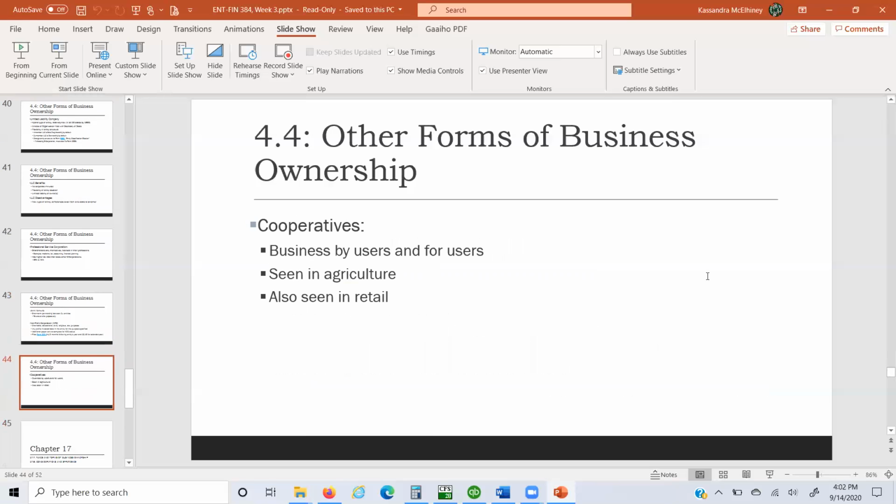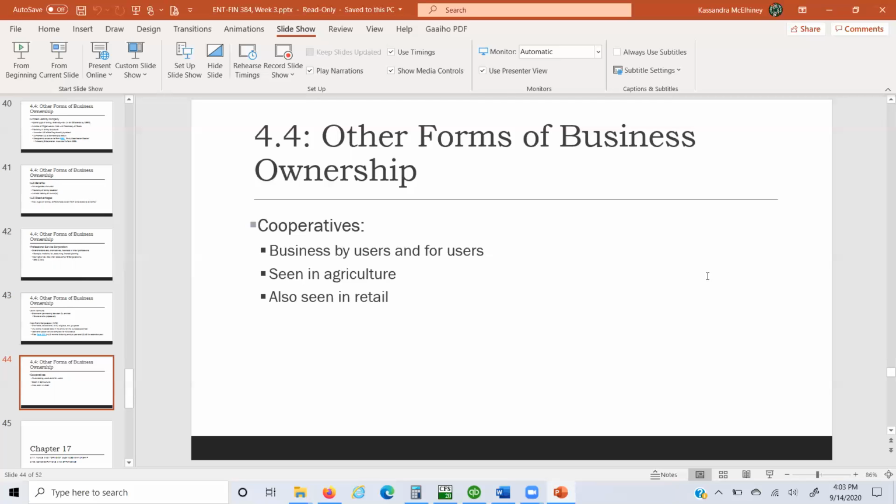And the last one covered is cooperatives. Most commonly seen in this area in agriculture.